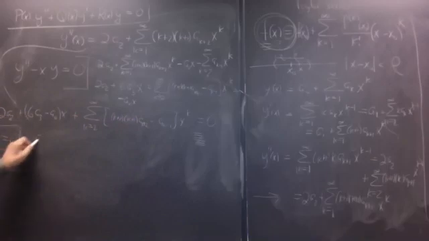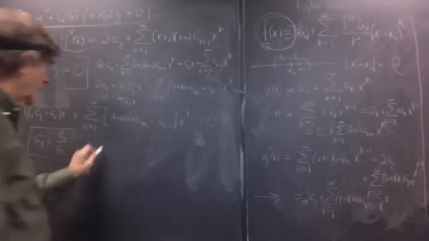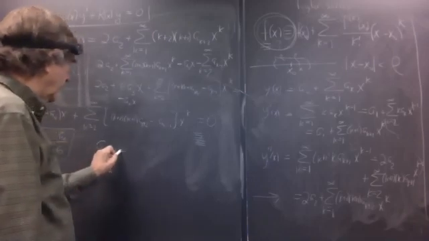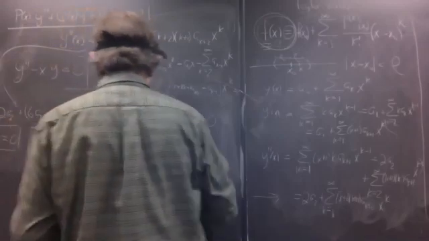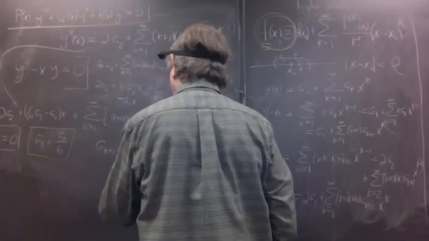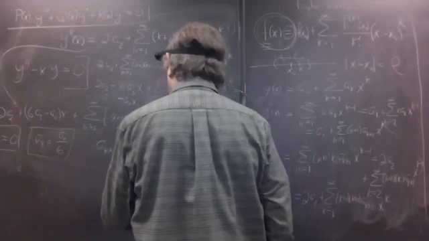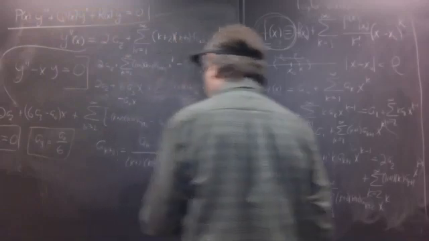And A3 will have to be A0 over 6, if I didn't make any mistakes. And A(K+2) will be A(K-1) over (K+2) times (K+1).